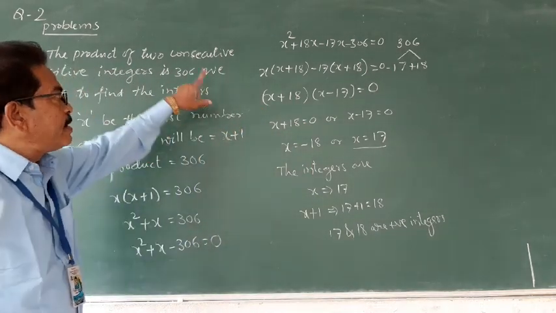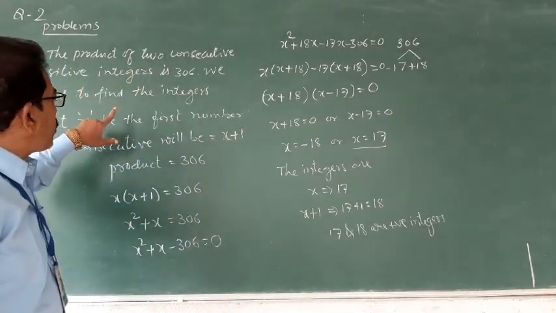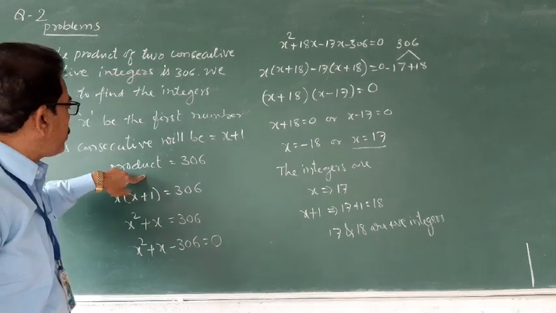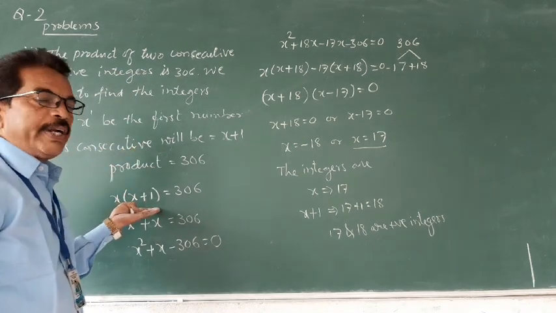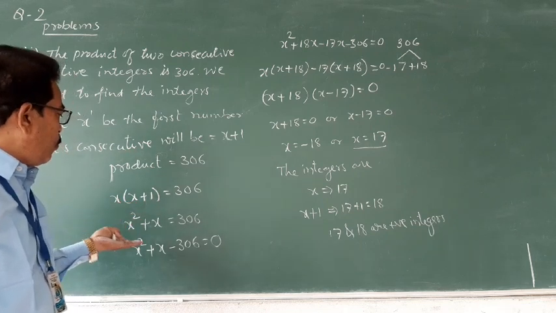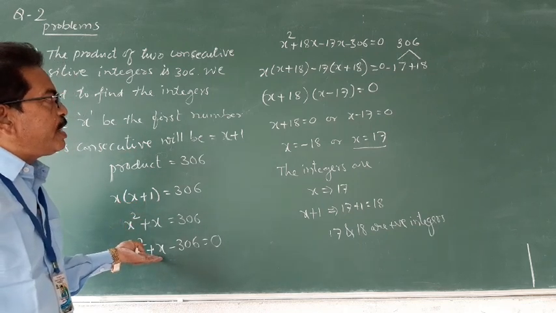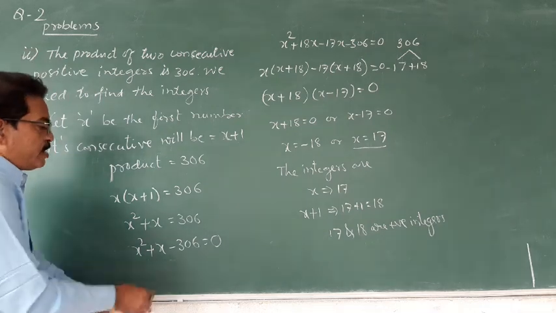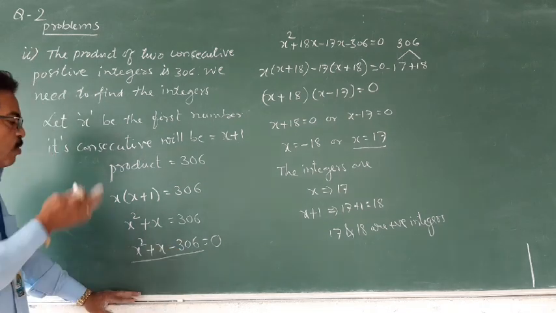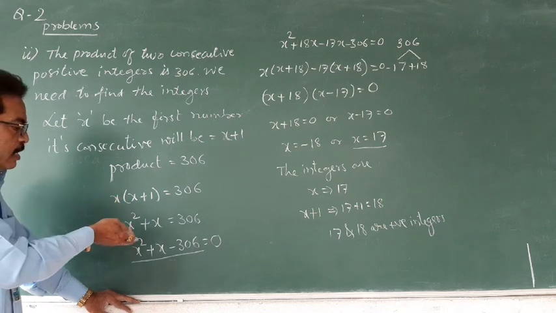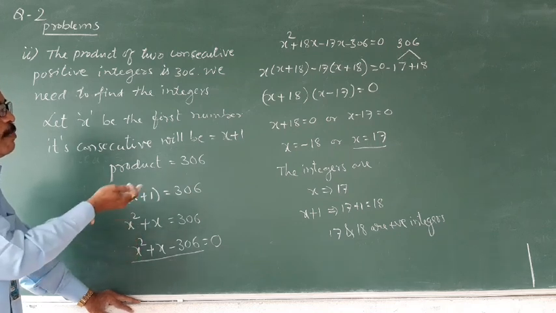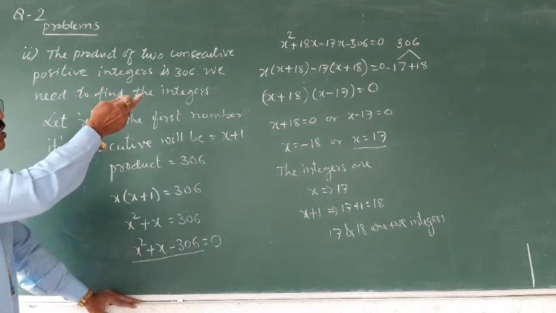Okay, see once again, we have considered the statement and written the verbal statement as a mathematical statement. So we got a quadratic equation. This much is sufficient for you according to the question. But we have solved this question on the basis of factorization.